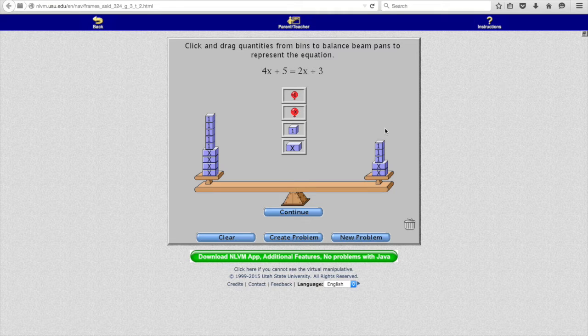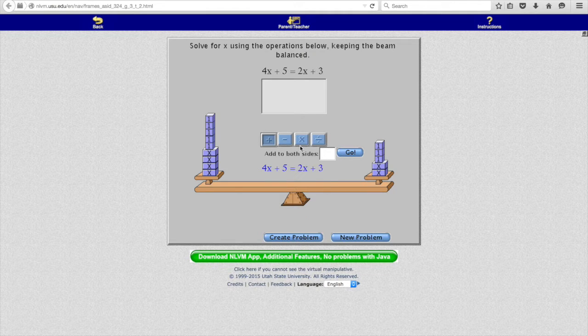So in fact, this time I think I'll start with the x's first. What I see here is I've got 4 of these mystery blocks on this side, 2 of the mystery blocks on this side, and so what I could do is subtract 2 blocks of x, or 2x, from both sides, and right away my picture gets a lot cleaner.